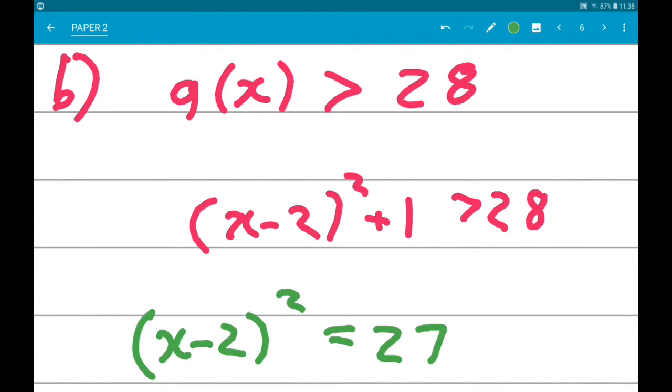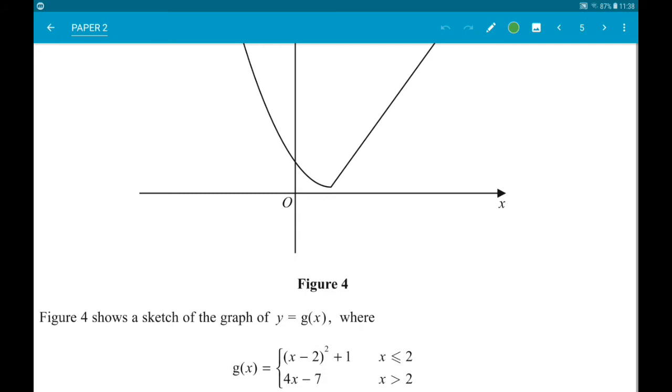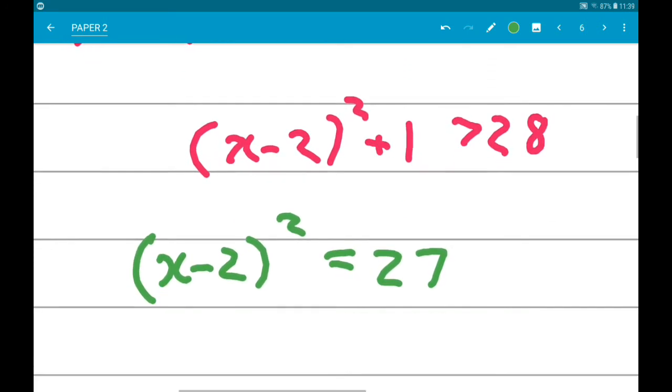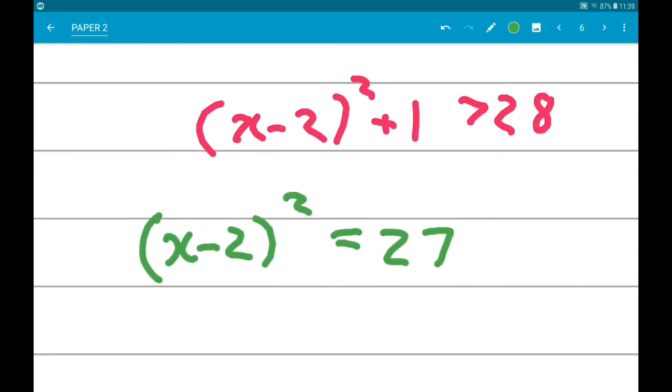Now, we know the quadratic is going to have a y-intercept of 1, so we are only interested here in x being negative. So, when we square root, we only care about minus root 27. So, x minus 2 is minus root 27, which is minus 3 root 3.